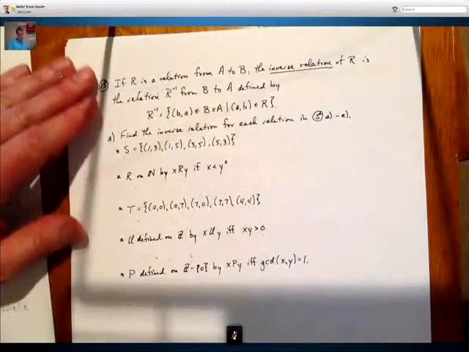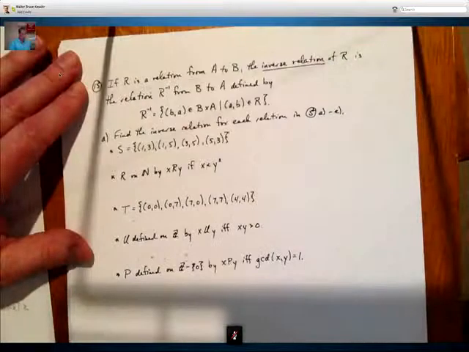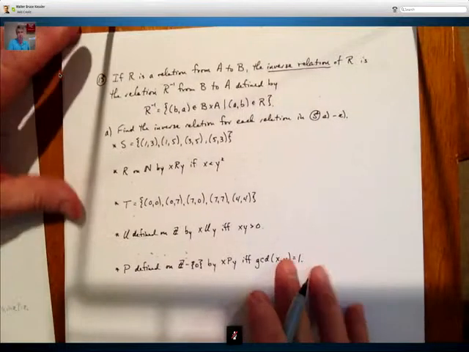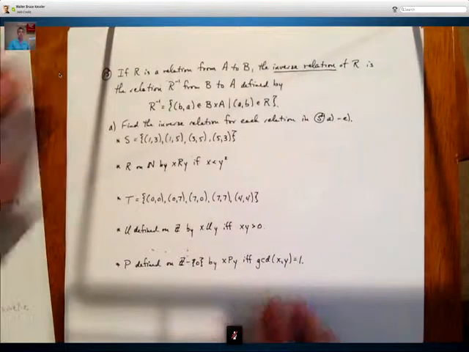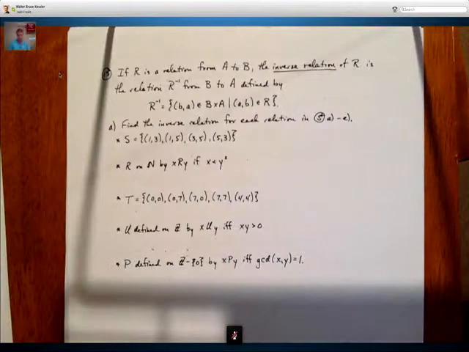Okay, and I think we've got just one more with a few little parts. Here they start to talk about the inverse relation of R. And this is kind of interesting because in the past when we've used that notation, we were dealing with functions. With functions, the only time we have an inverse is if the function has special properties, which we talked about last time: one-to-one and onto.